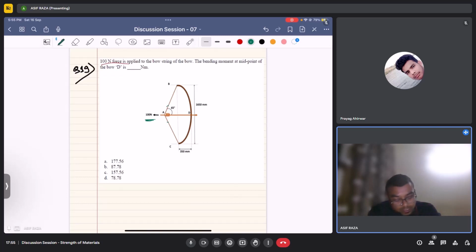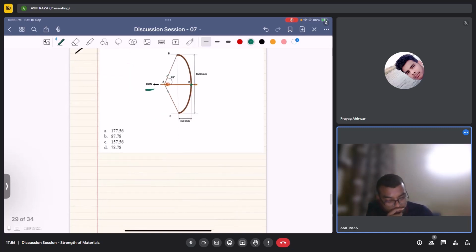And we need to calculate the bending moment at this point D of the bow. To solve this, first we need to find the tension in the string of this bow.